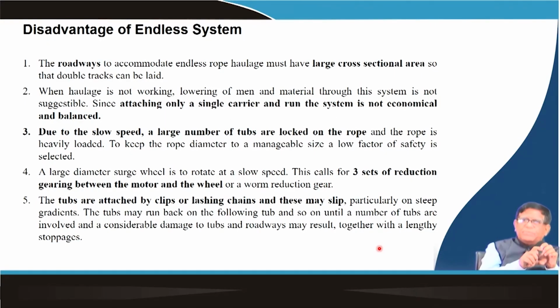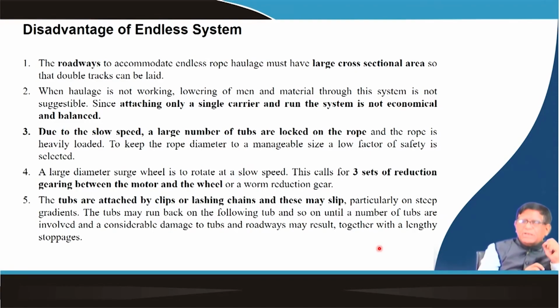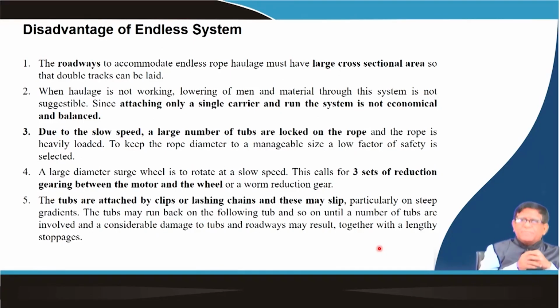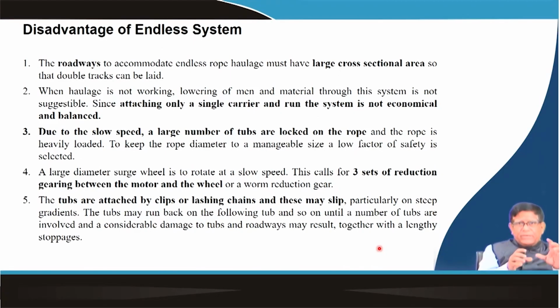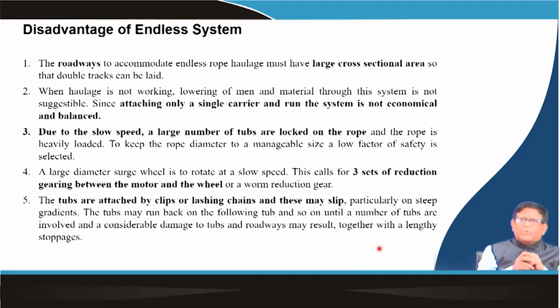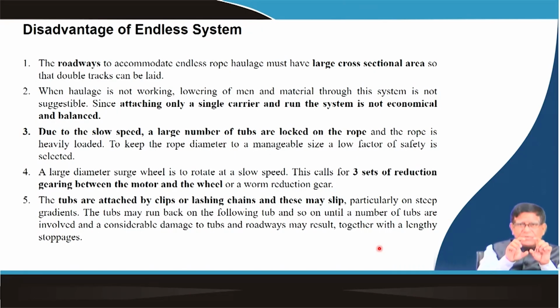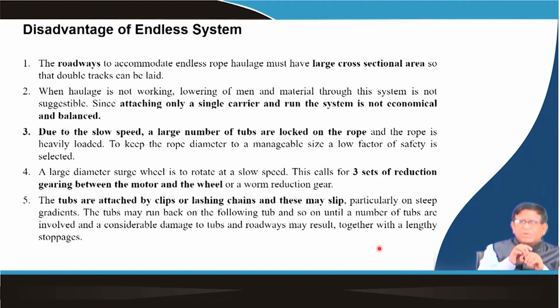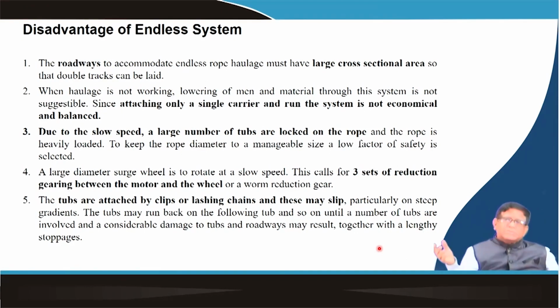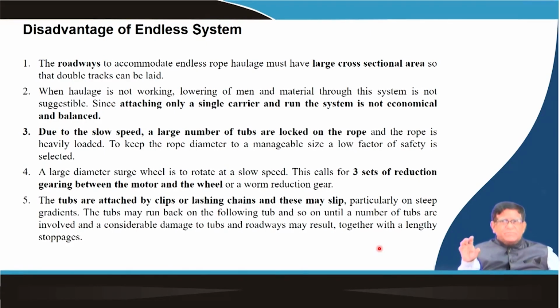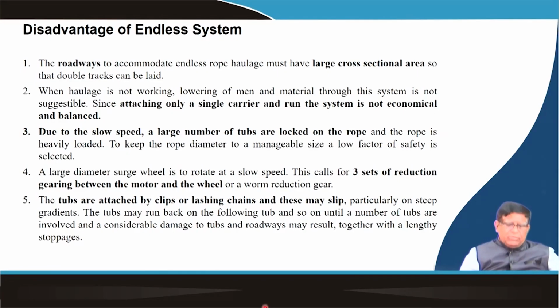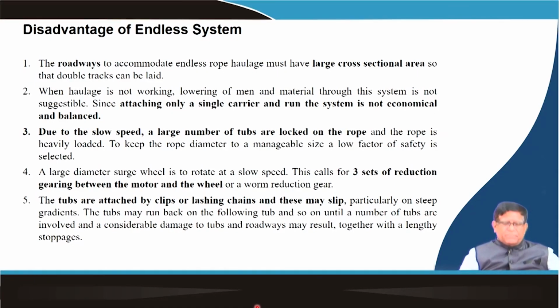The strength of the rope is determined by the diameter of the rope, and if you are having a large number of cars, then your weight will be more, that is why the diameter will be more. And if you keep the diameter small, that means you will be sacrificing some of the factor of safety. So this needs to be taken care of, and the regulations will have to be followed regarding what factor of safety you will be using for these purposes.